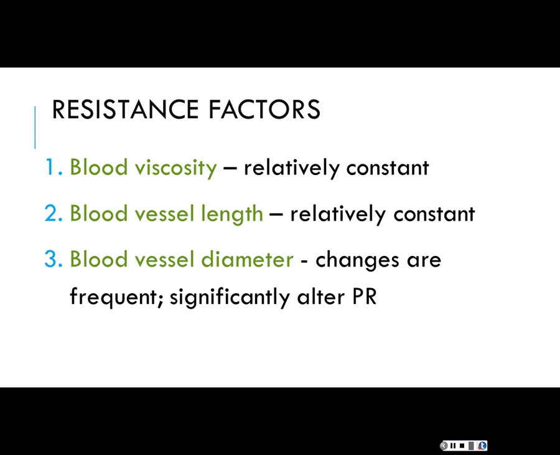Again, blood viscosity, blood vessel length, and blood vessel diameter influence the resistance of blood flow throughout the body. What does viscosity mean? How thick it is. What do you think the relationship is between viscosity and the flow of blood? Thicker will flow less well.